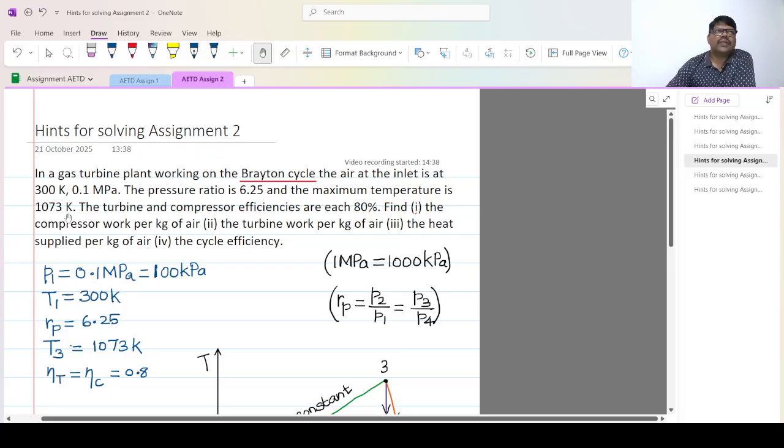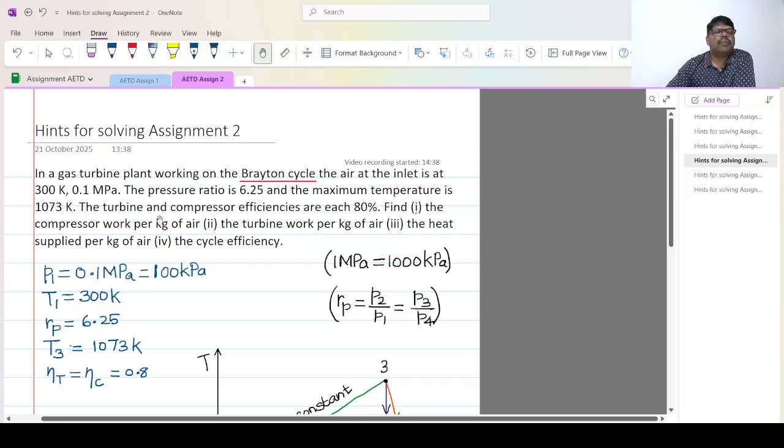In most of the cycles we study in thermodynamics, the maximum temperature of the cycle occurs at the state 3. That means at the end of the heat addition process 2 to 3. Therefore, the given maximum temperature is written as T3 equal to 1073 Kelvin.